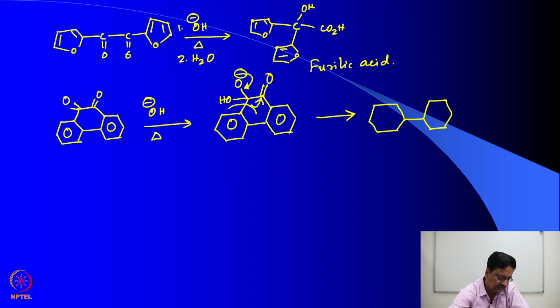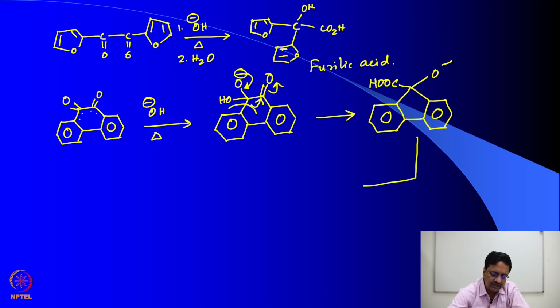If you remember here, this was a 6-membered ring. Now, we have a 5-membered ring there with an O minus and COOH present here.